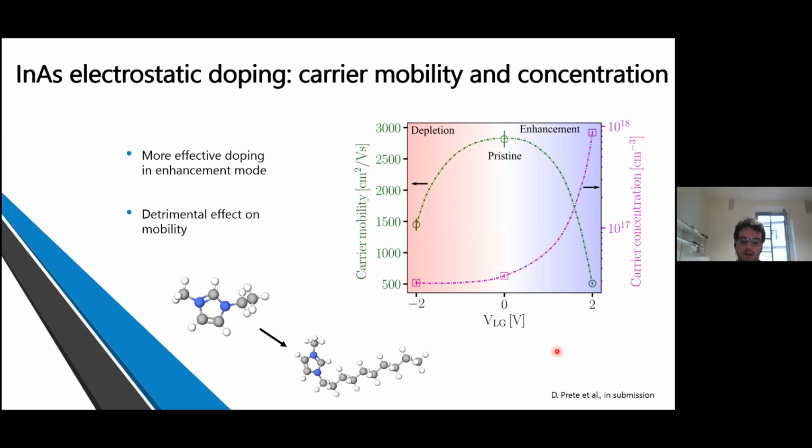In both these ways, for sure, the Coulomb scattering will be reduced, so there will be a less detrimental effect on the mobility of charge carriers. But I should mention that this would also reduce the capacitive coupling of the ionic layer with the charge carriers, with the semiconductor, and thus we will probably not observe such a strong effect on the modulation of the carrier concentration for the electrostatic doping.